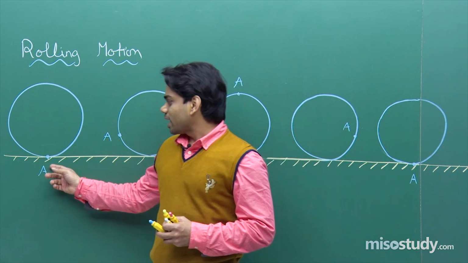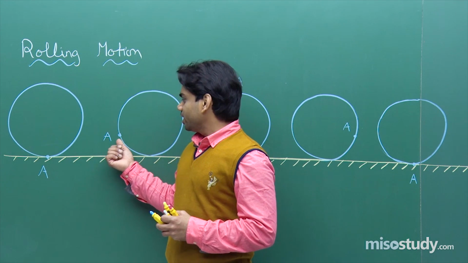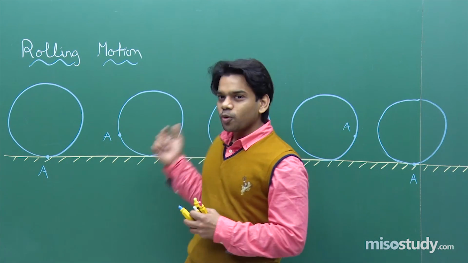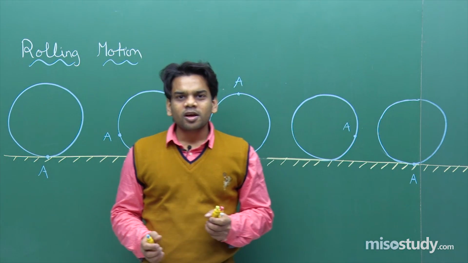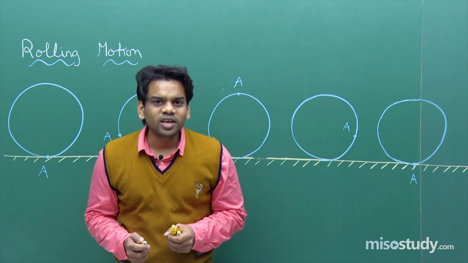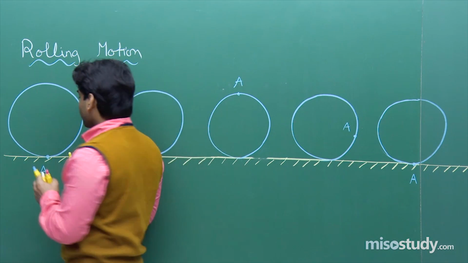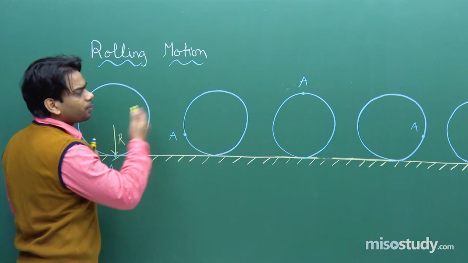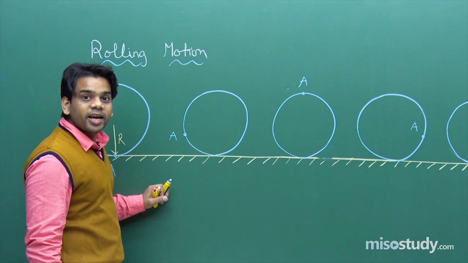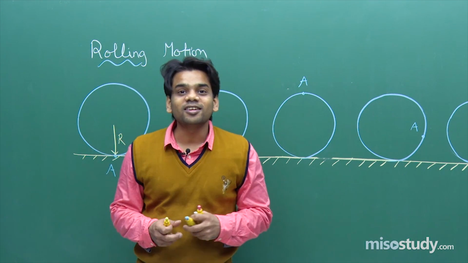You see here, A was at the bottommost point here, then A reached here, then A reached the topmost point, then again further A reached here and A reached here. Now suppose this wheel has a radius r. If I mark the radius of the wheel as r, then in one complete rotation, it would have traversed linearly a distance of 2 pi r.